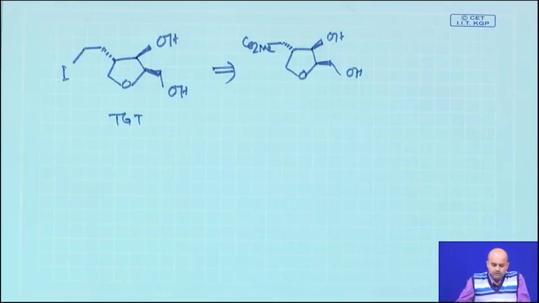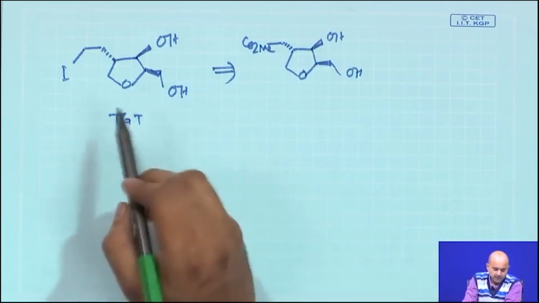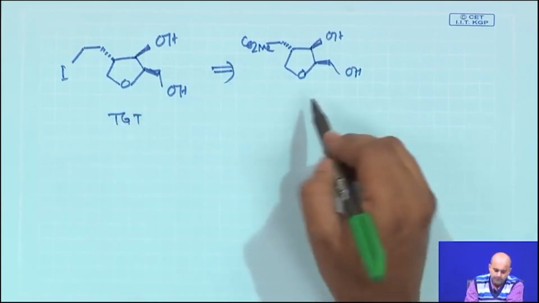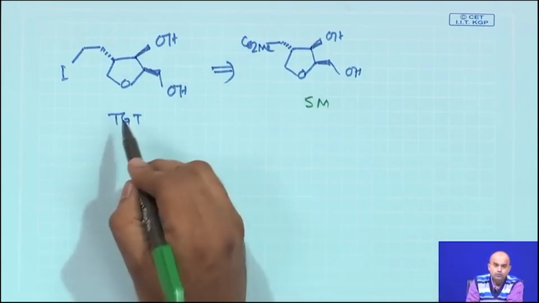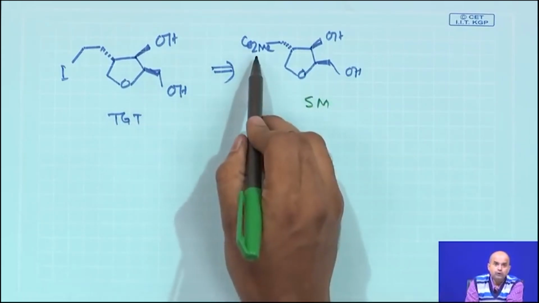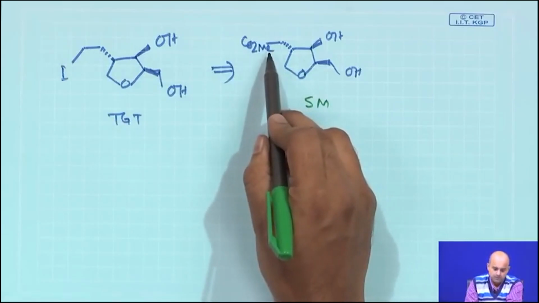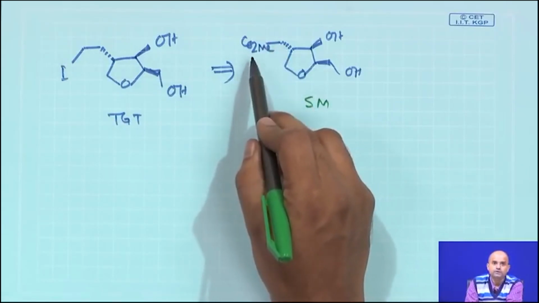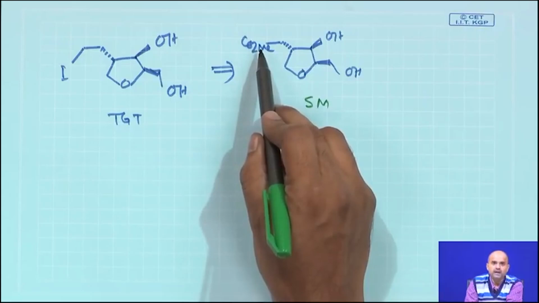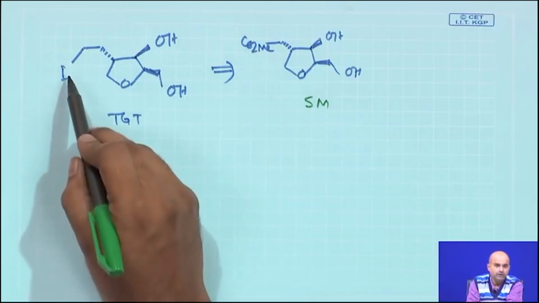It looks like a very simple transformation. What you need to do is convert the CO2Me into CH2CH2I. If you reduce this CO2Me, it will give you CH2CH2OH. Now, this primary alcohol you can easily convert to the corresponding iodo by the Appel reaction.